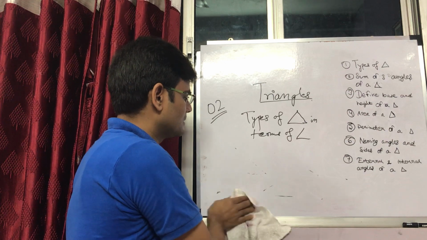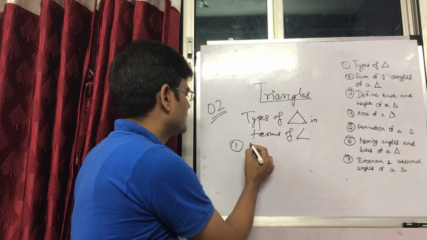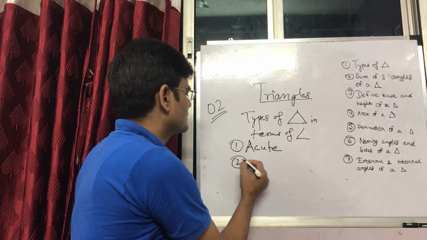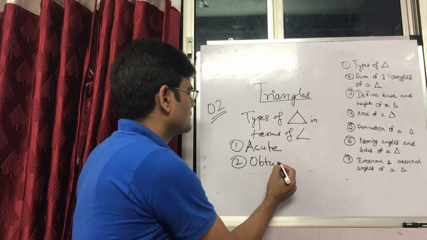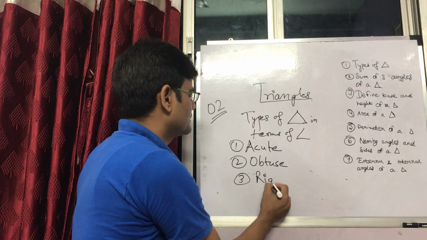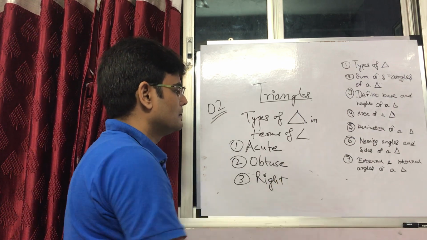First is the acute angle triangle. Second is obtuse, and third is right. What is an acute angle triangle?